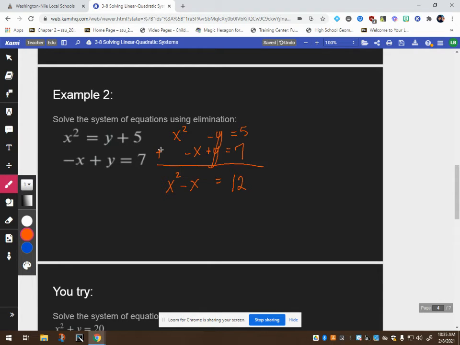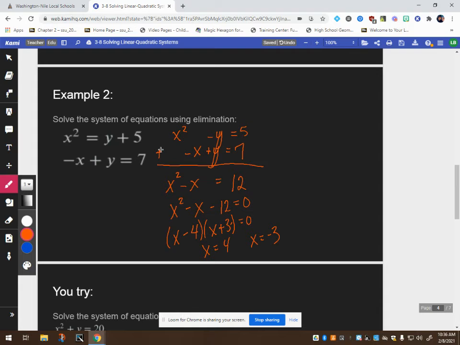So I'm going to subtract 12 from both sides so that I can factor it. x squared minus x minus 12 equals 0. In factored form, I have (x minus 4) times (x plus 3) equals 0. So I know that x equals a positive 4 and x equals a negative 3.